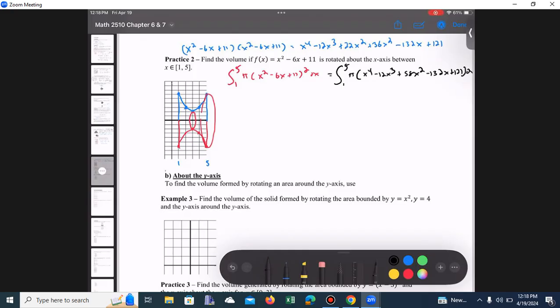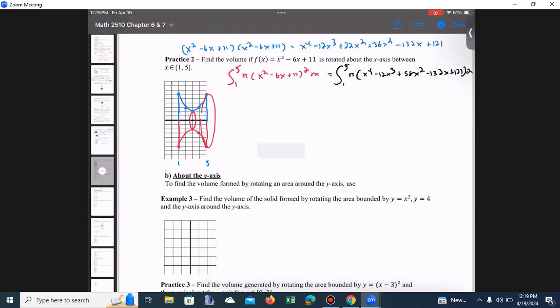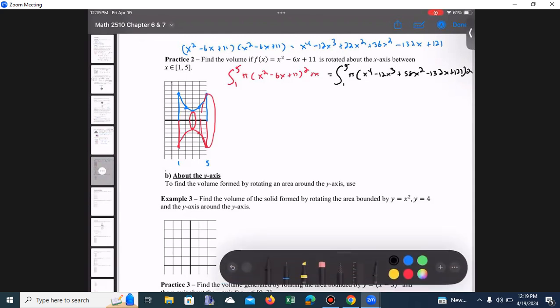Just want to double check my math here. So x squared times x squared is x to the 4th. X squared times negative 6x is negative 6x cubed. X squared times 11 is 11x squared. That's positive. And negative 6x times x squared is another negative 6x cubed, so you get negative 12x cubed.